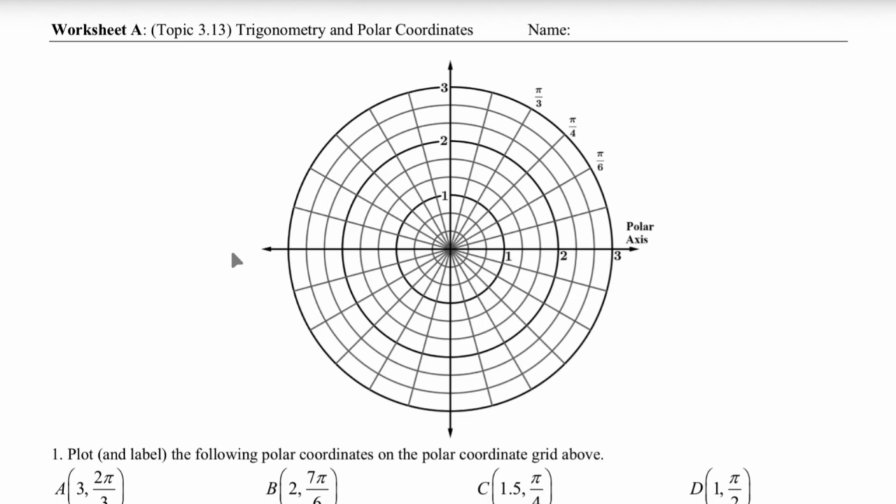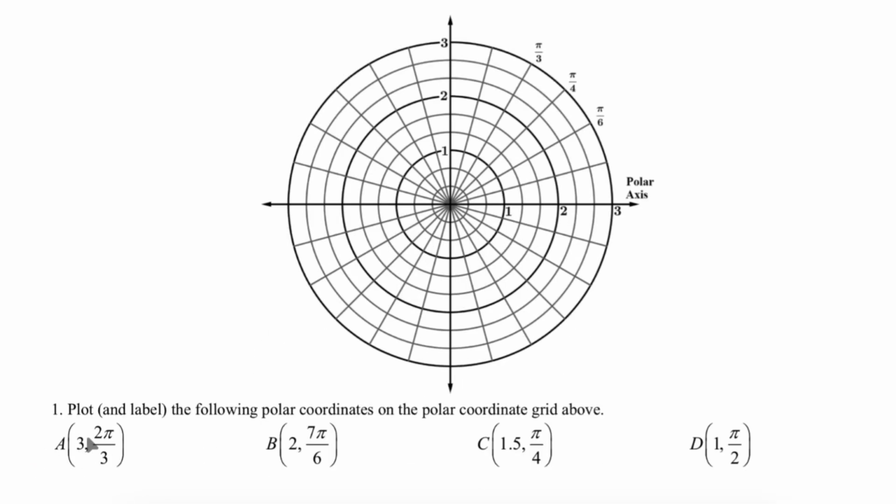So this is the start of number 1. I explained the polar graph a little bit, so now we're going to plot A, B, C, and D. For A, we have 3. The x values are going to be based on these circles here, which is basically the radius.